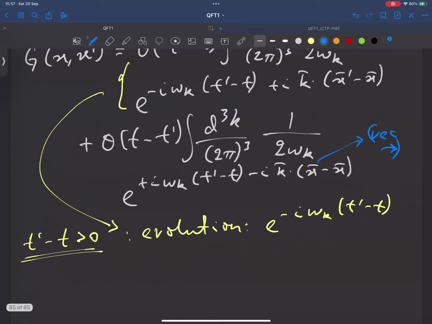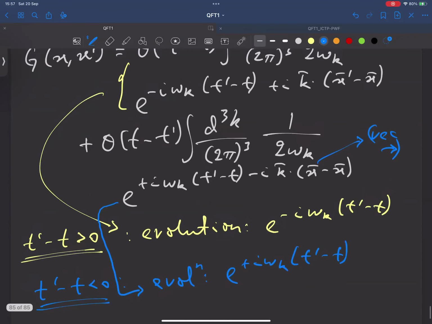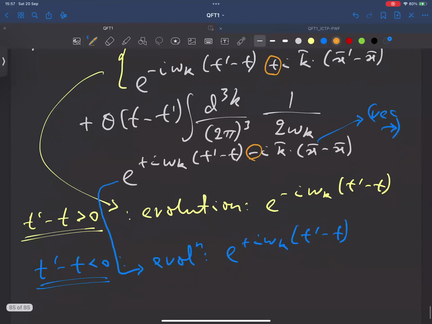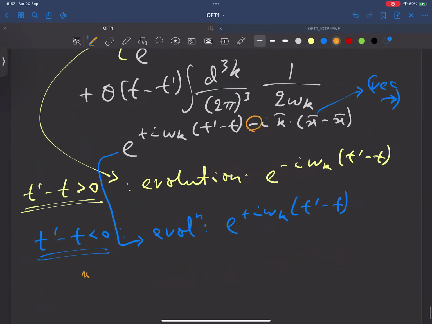But when t prime minus t is less than 0, which is this part, then the evolution happens with exactly the opposite time ordering. And that's what time ordering does. However, as we have discussed time and again, the space plus and minus are nothing more than a relabeling, because along the space direction you can flip them. The actual physics is captured in the time ordering. You cannot relabel time because it's a unidirectional thing.